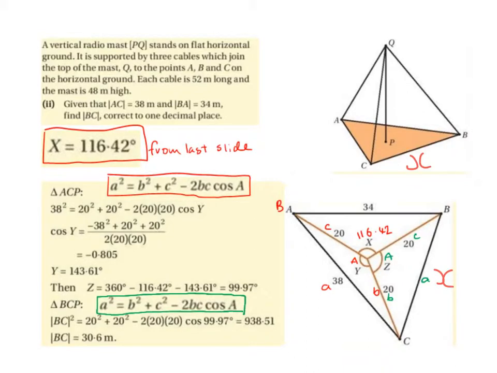So we're going to take the triangle ACP, this angle here on the left that contains angle Y. We're going to do the same as before. We're going to label our triangle A, B and C using the cosine rule. Remember that we have a capital A in our formula, so the angle that we're looking for has to be labelled as angle A. So angle Y is now labelled as angle A, and the opposite side to that is lowercase a.